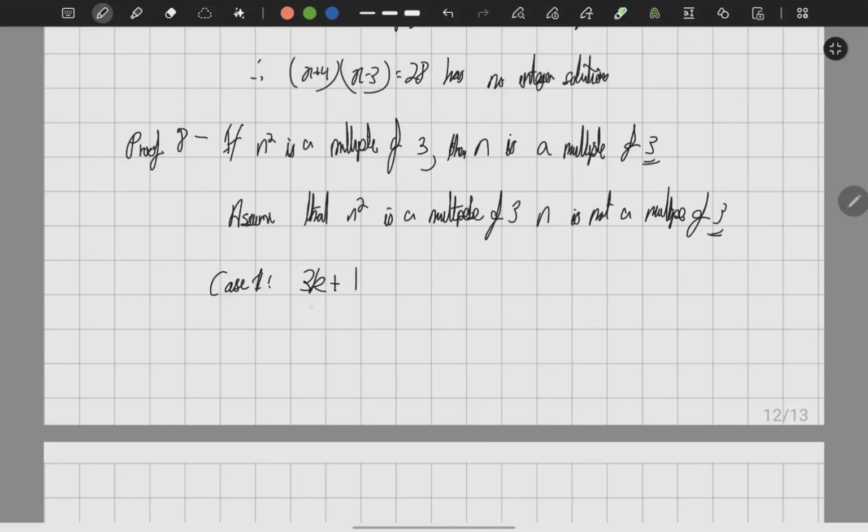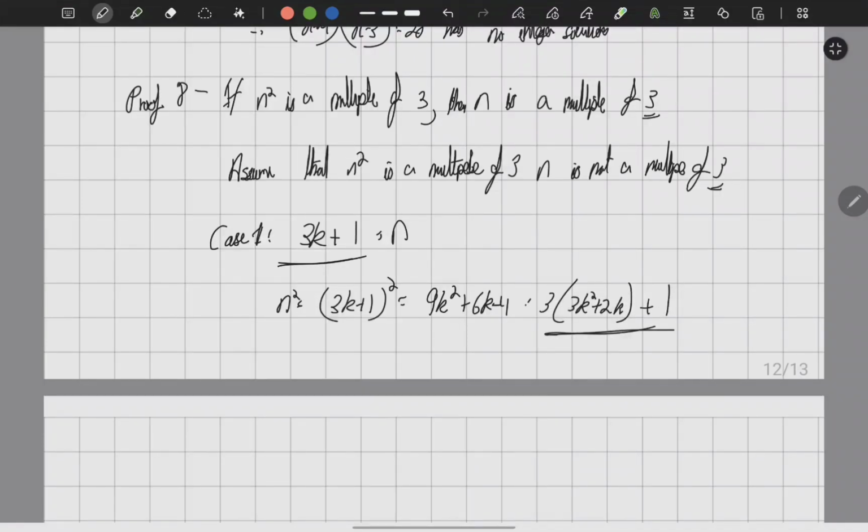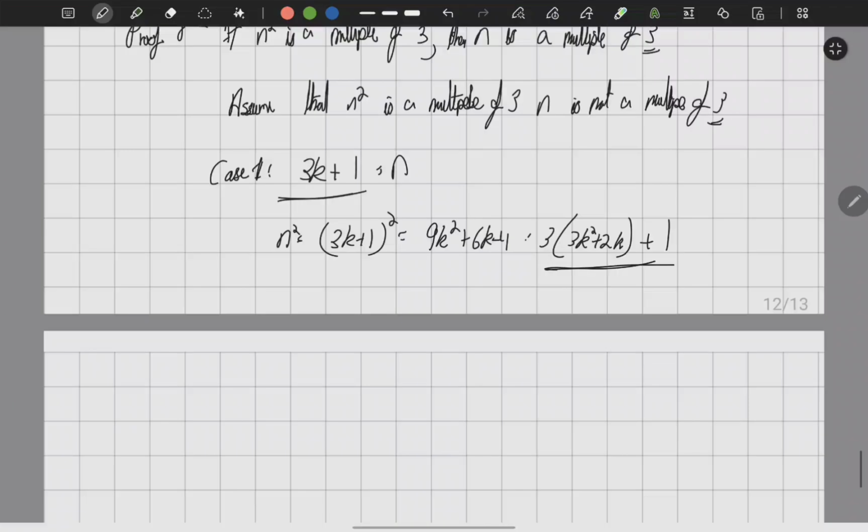So if we use this as our first case, n squared would be (3k plus 1) squared, which is 9k squared plus 6k plus 1. Then we factorize out the first two terms. Here we see that this is not a multiple of 3. So that's a contradiction because we said it is.